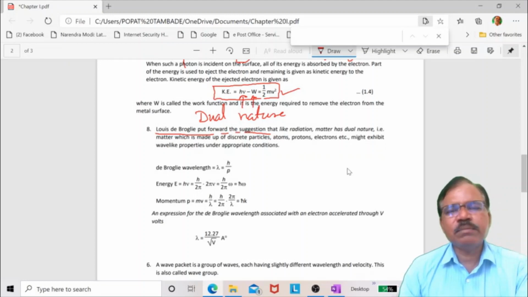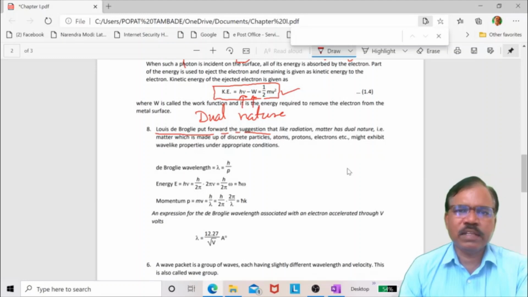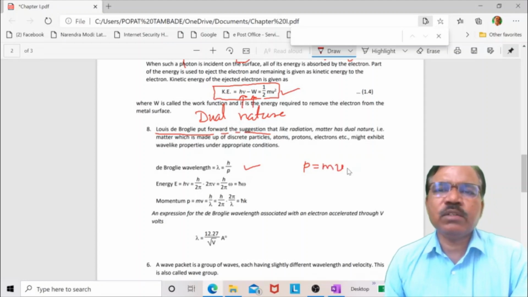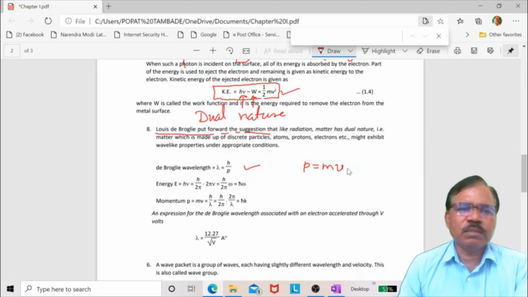Since radiations behave like particles as well as waves, particles in motion may behave like waves, and those waves are called matter waves.